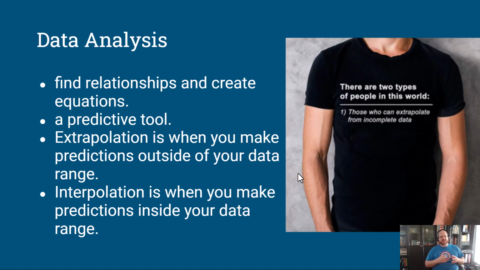Interpolation is where we make predictions inside your data range. So you use your data to say this is how long it took to go to X distance, which was not a number you were specifically measuring.